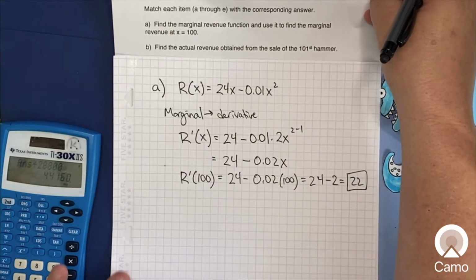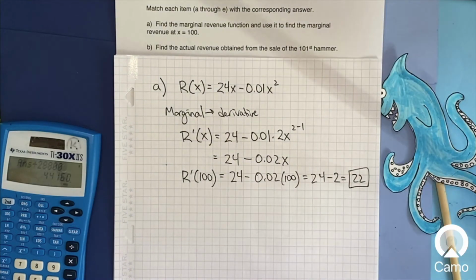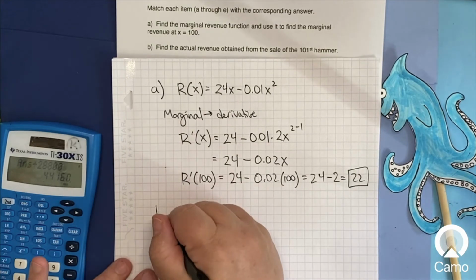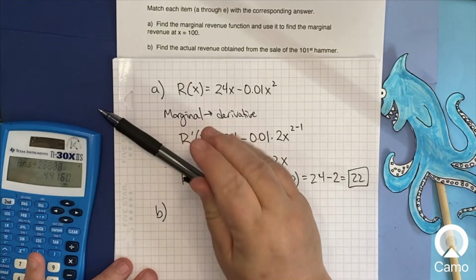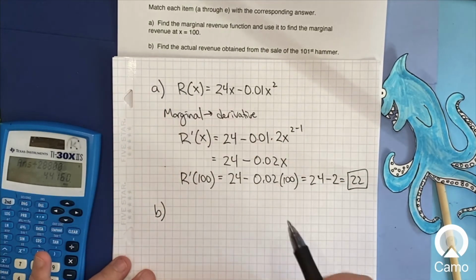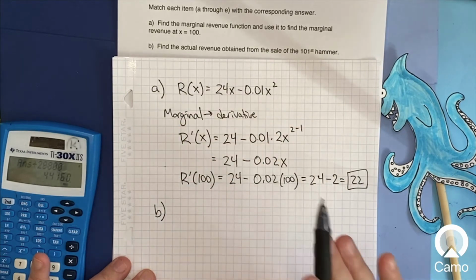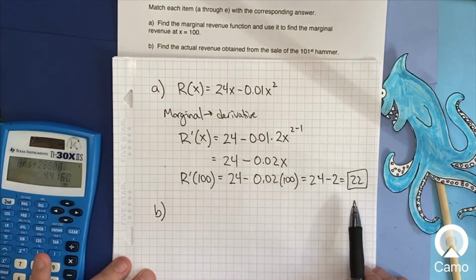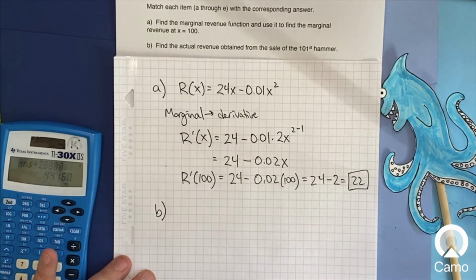Next. Oh no. I wrote this and I even regret it. So, part B says, remember when we find the marginal revenue, that is an approximation of the cost of the very next hammer. And so in part B, I'm saying, let's figure out whether this is correct.